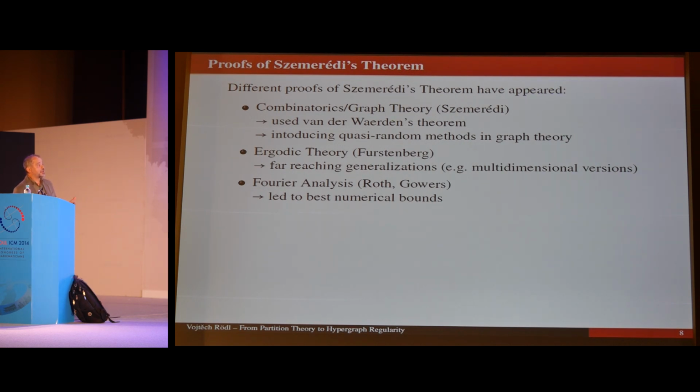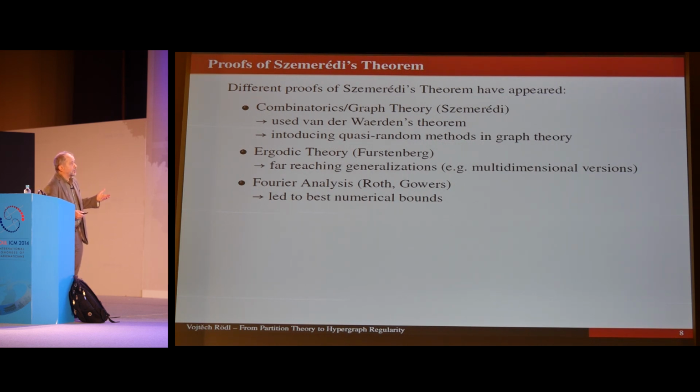A little later, some other proofs appeared, the proof coming from ergodic theory by Furstenberg and Katznelson. These proofs also don't give any bounds, but they allowed far-reaching generalizations, for example, a multidimensional version, which we will see a little later.